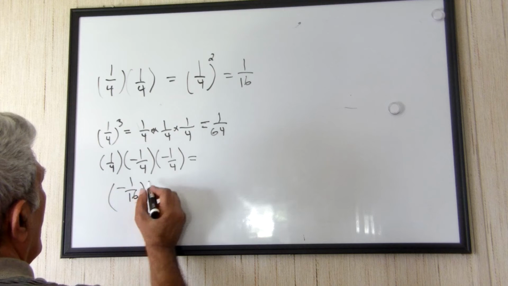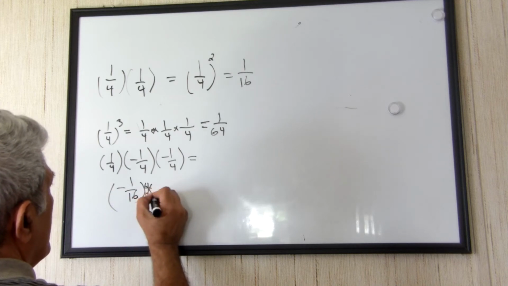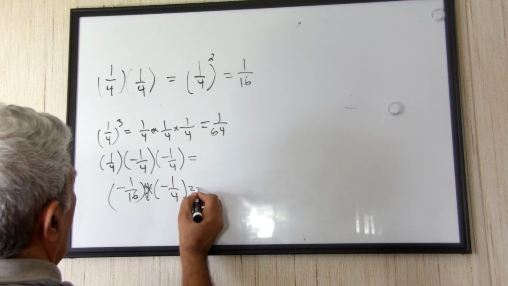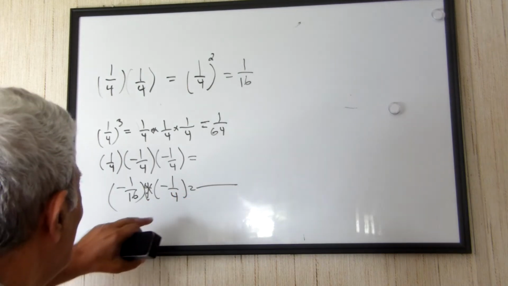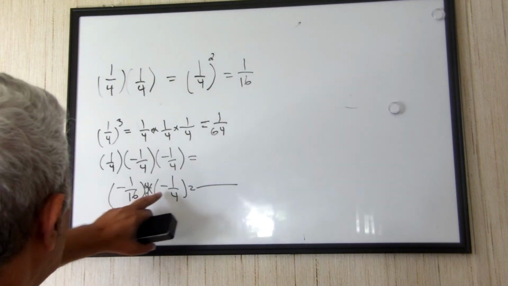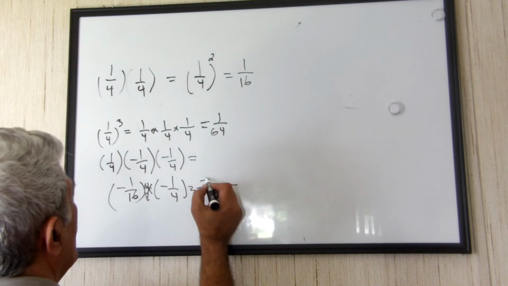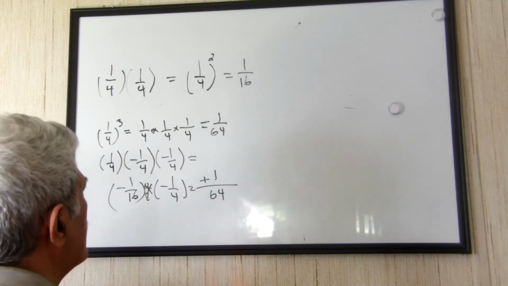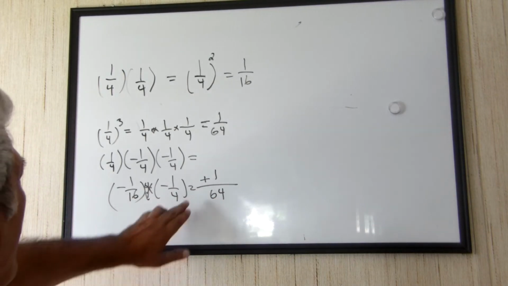And then you multiply by minus 1 over 4. See, these negative numbers, negative times negative is going to be positive. So positive 1 times 4 times 16 gives 64. This is going to be 1 over 64.